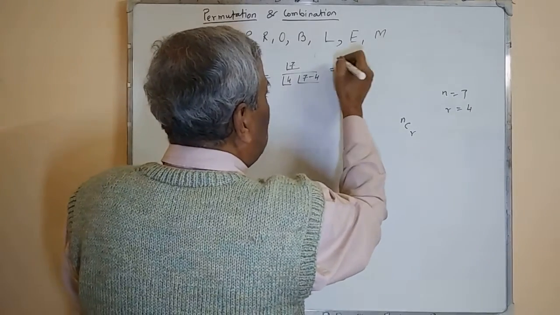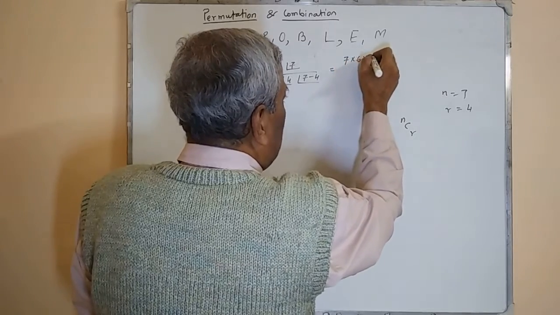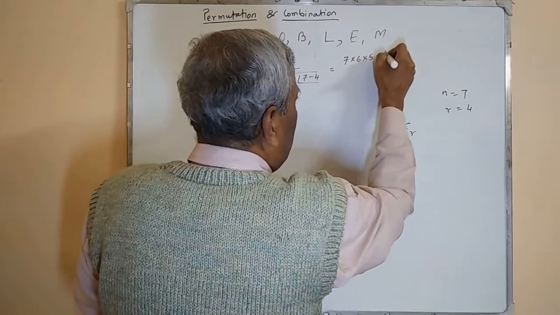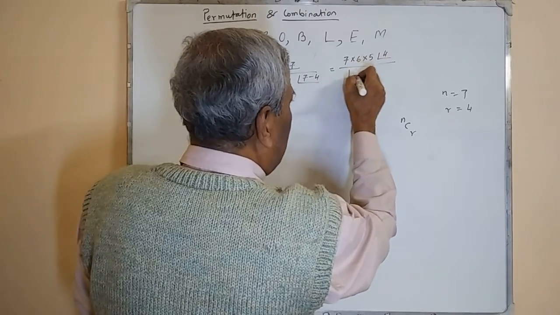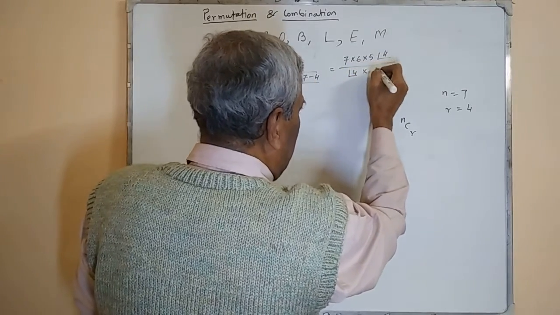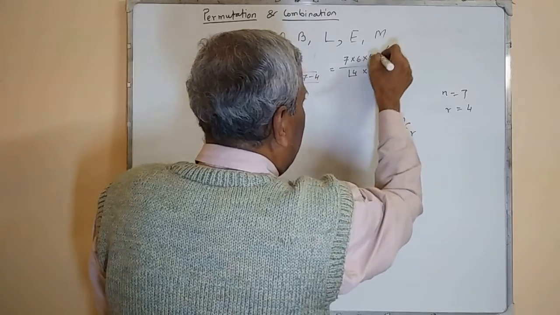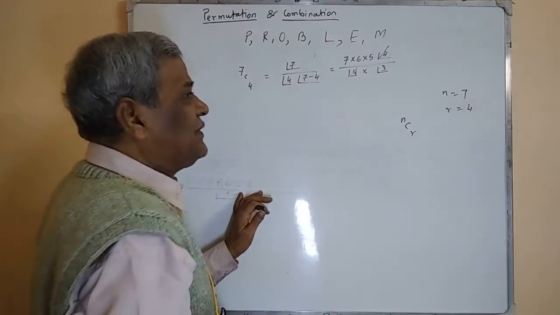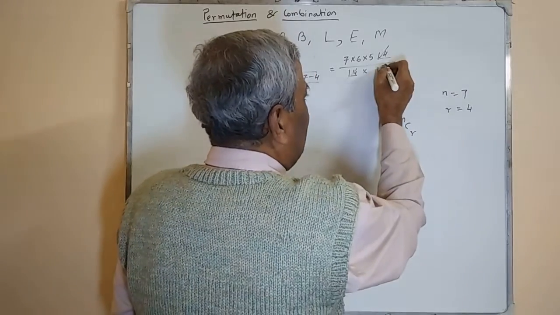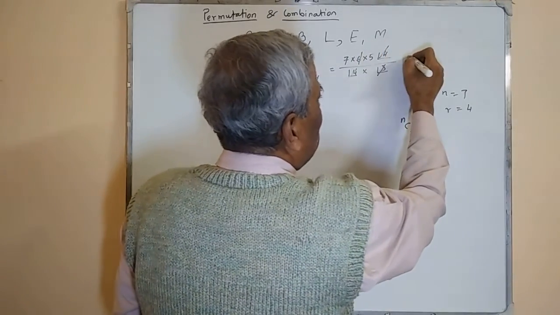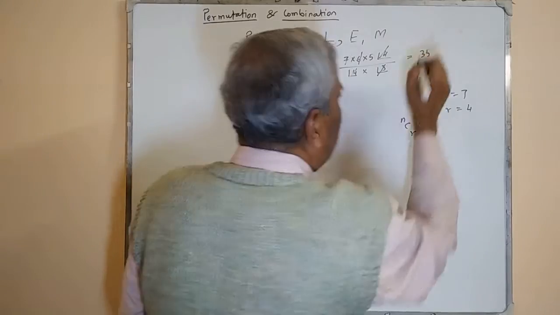Factorial 7 means 7 into 6 into 5 into factorial 4, over factorial 4 into factorial 3. Factorial 4 cancels. Factorial 3 is nothing but 3 into 2 into 1, 6. This cancels with that. So it is equal to 7 into 5, 35 is the answer.